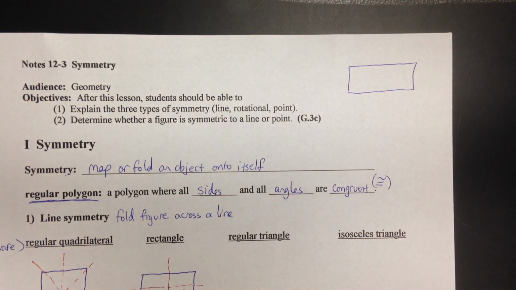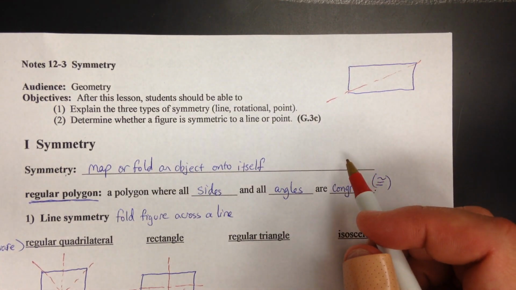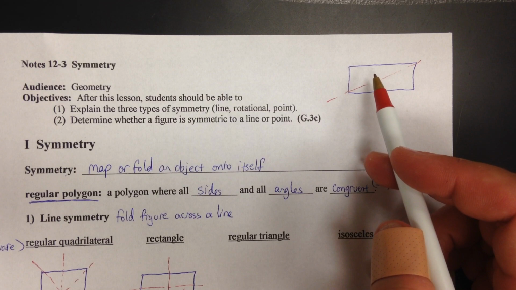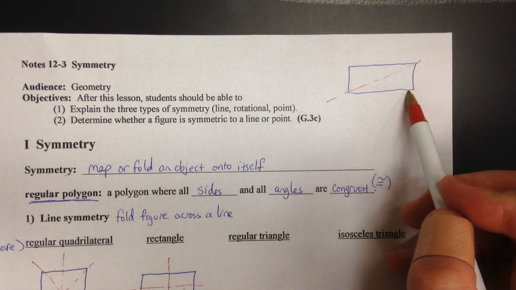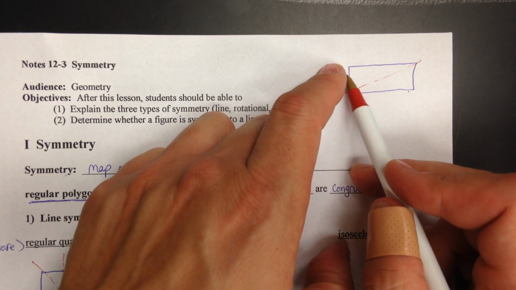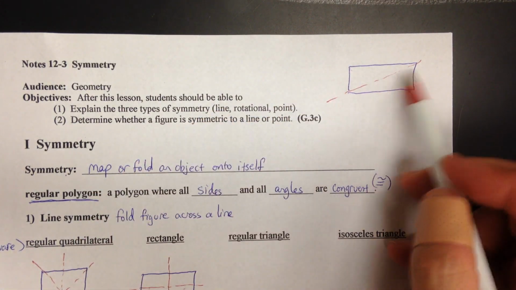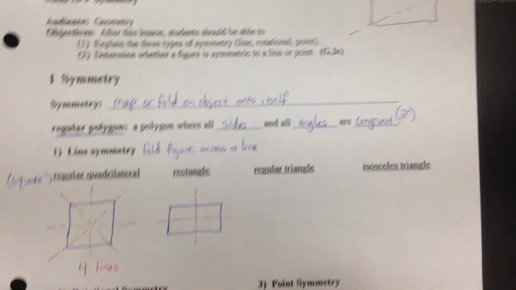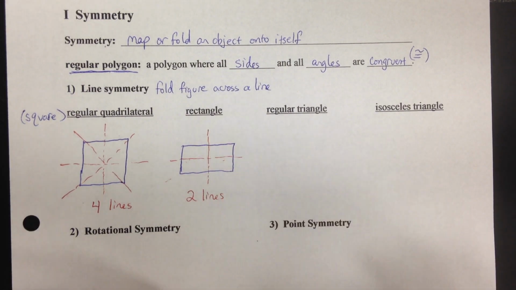If I try to do a diagonal line of symmetry, I'm going to run into a problem. If you try to do this, take an 8.5 by 11 piece of paper, try to fold it one corner to another. It won't work because this part does not fold perfectly onto here. So that would not be a line of symmetry. So a rectangle only has two lines of symmetry.